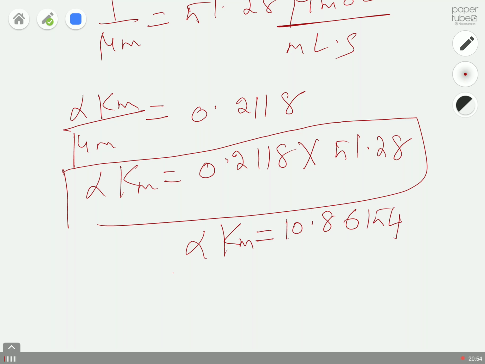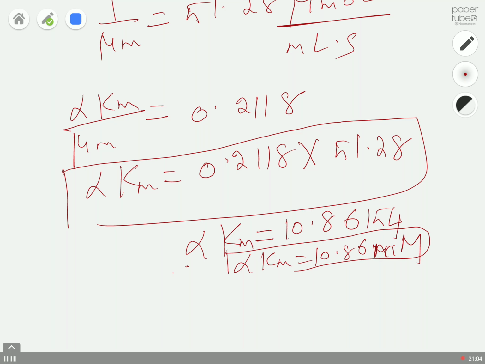So just put alpha km is equal to 10.86, with the same unit as your substrate, which is millimole. If you don't put units, I'm not going to give you the marks, so you must add the units in the final exam.